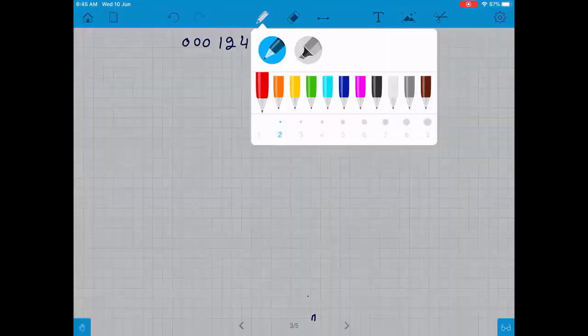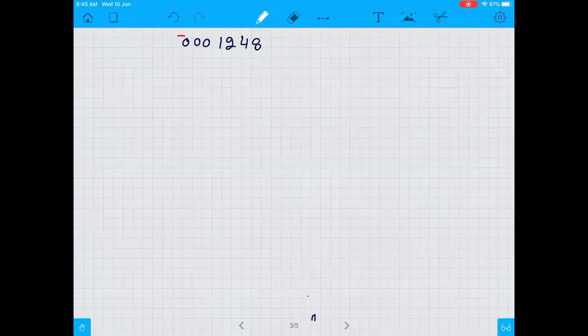Now, the principle is that these three zeros are insignificant. If you ask the reason, why are these zeros insignificant?